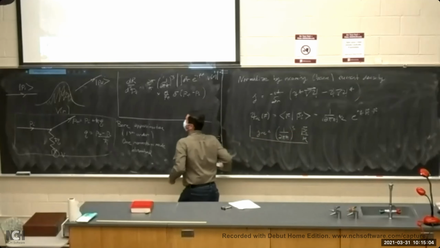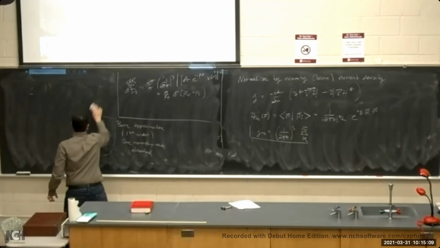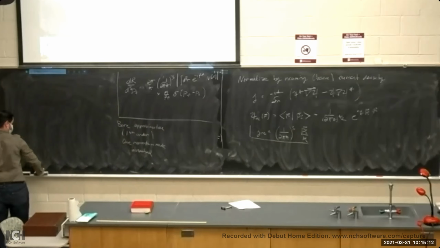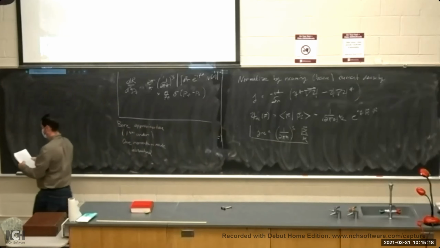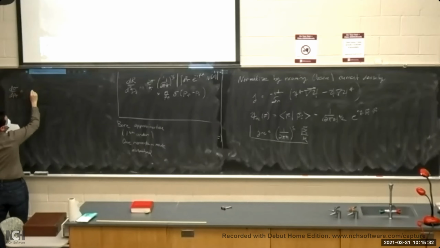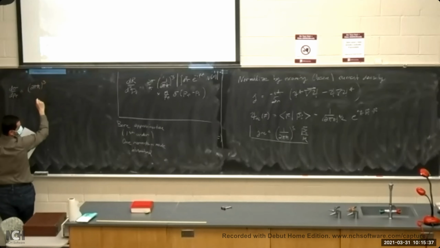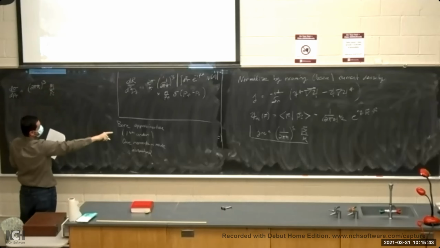So when I put it all together, I get the scattering cross section for an arbitrary potential. So d sigma d3 pf, I guess, is we have 2 pi h bar cubed times m divided by p initial times the rest of these factors.